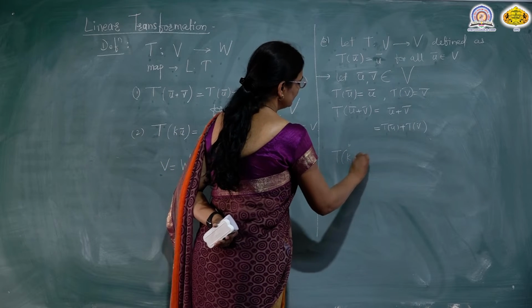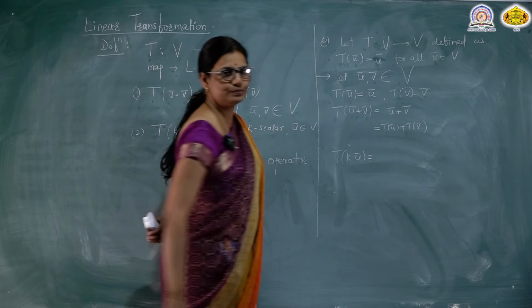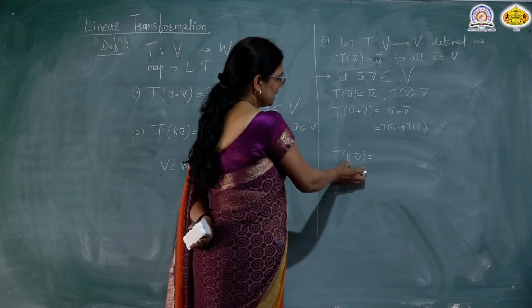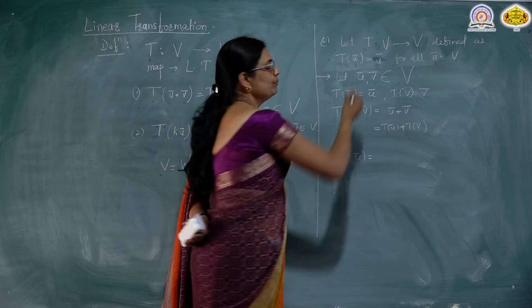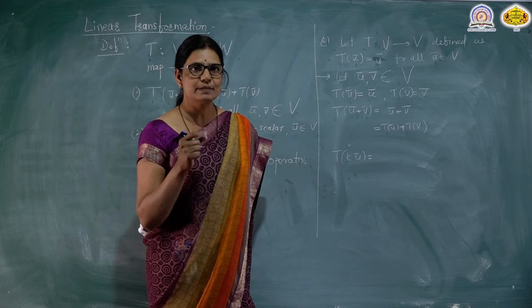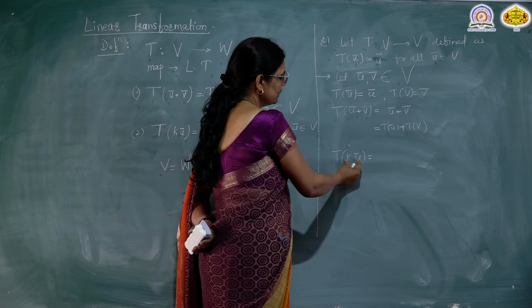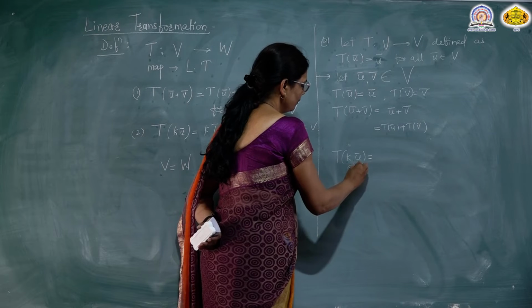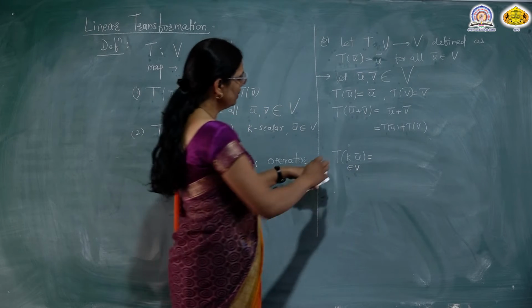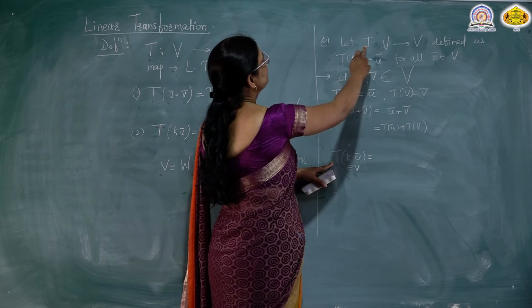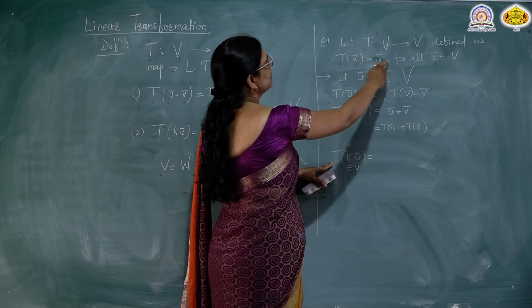Start with T of k u bar, where k is a scalar and u bar is a vector in V. V is a vector space, so it is closed for scalar multiplication. That's why this vector belongs to V. This is a vector in V. And according to the definition of T, T of u bar equals itself.